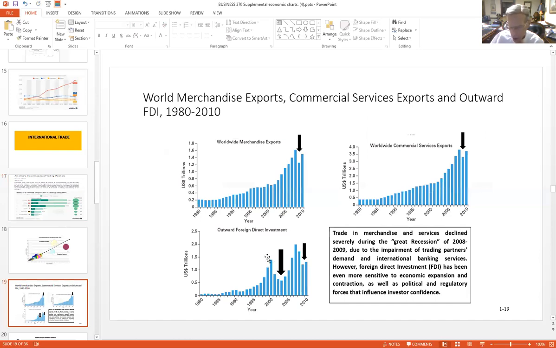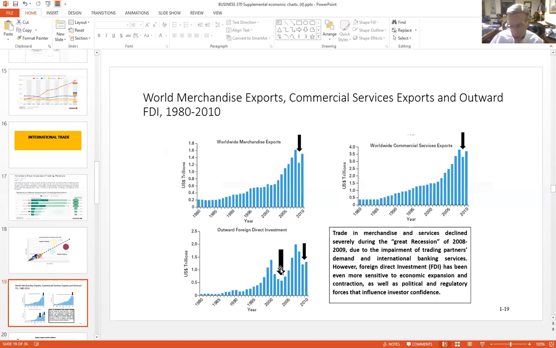But look at what the impact on foreign direct investment around the world was. And bear in mind, this isn't just the United States, this is the whole world.